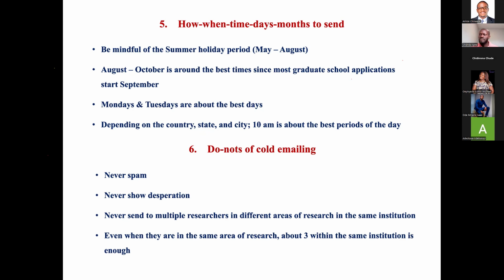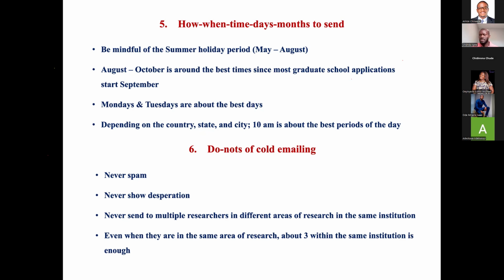So you want to pick out the best three whose works are most aligned with your interest. That they are all in the same research area does not mean that they all do the same thing, right? So you want to reach out to at least three or something thereabout of the people whose works are most aligned with what you want. And then you just hope that they respond to you.